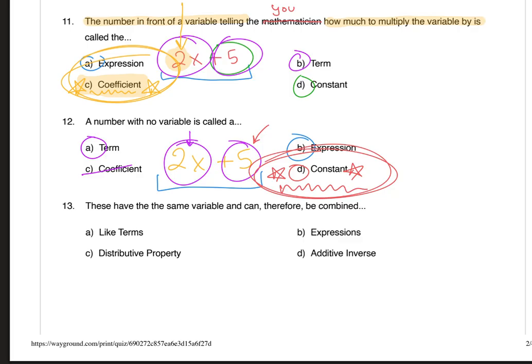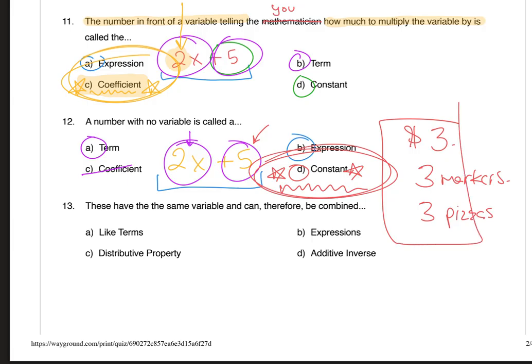A constant, as I've tried to say in class, is like if I ask you to bring me $3, or if I ask you to bring me 3 markers, if I ask you to bring me 3 pizzas, there's no confusion on how many you should be bringing me, right? That's because 3 is a constant.